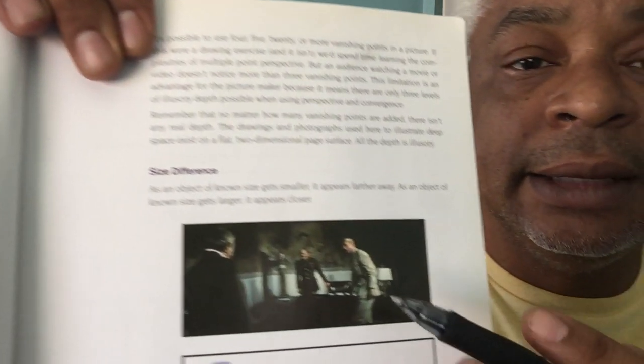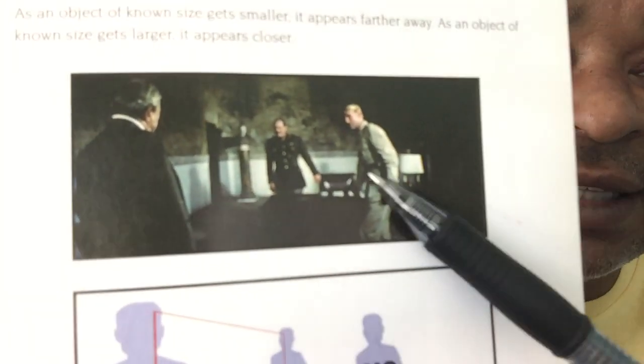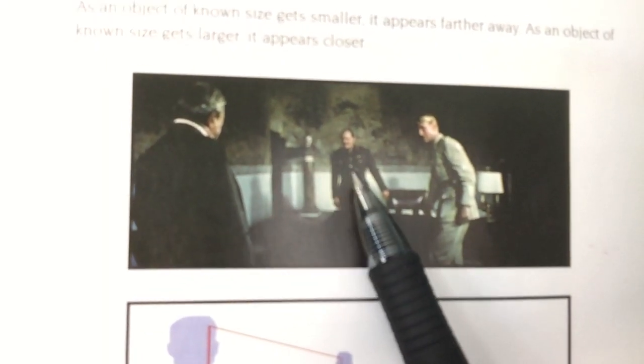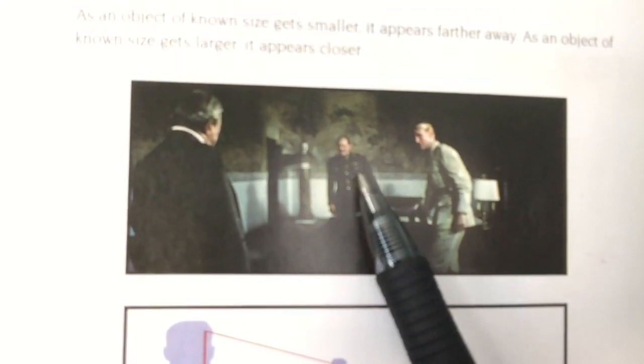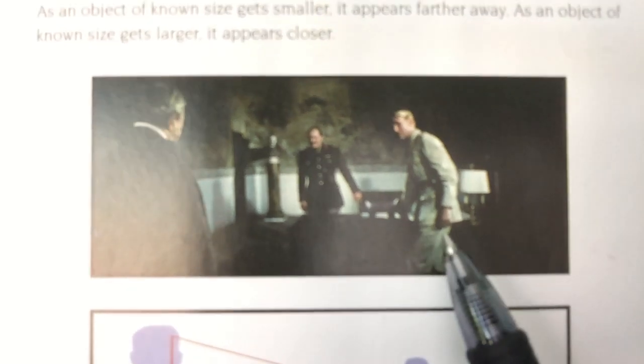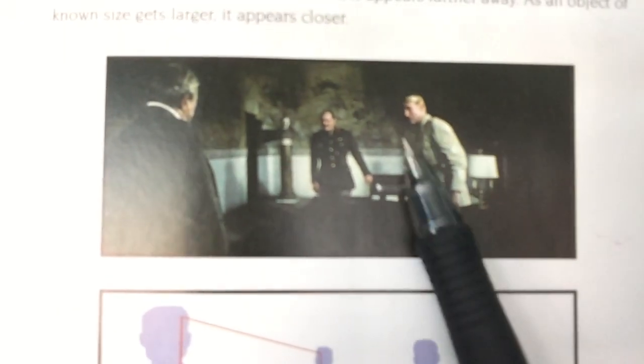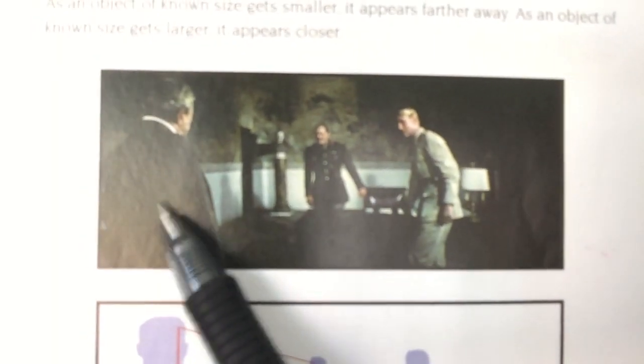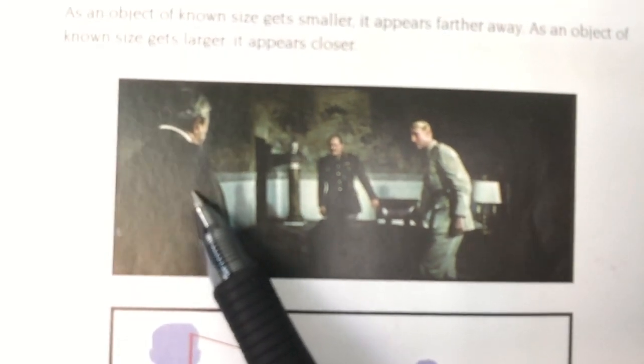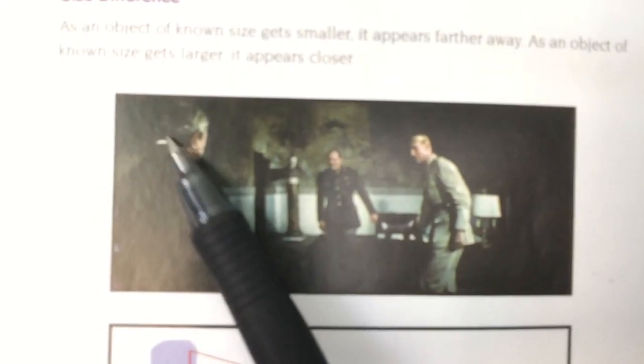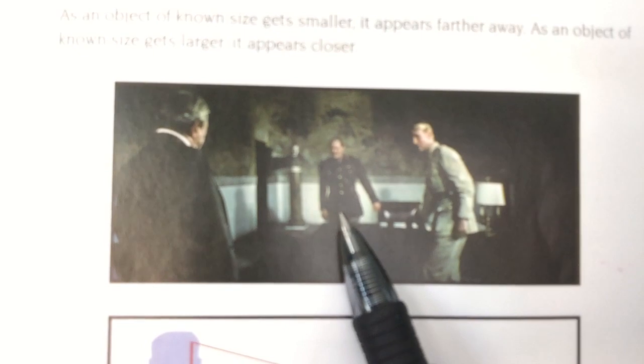The next thing I want to talk about, and the last thing I want to talk about, is size difference. Objects closer to the camera appear larger, objects that are farther away appear smaller. I'm sorry, objects of known size. So these 3 men right here, we know their sizes, yet this guy right here appears larger on the screen than this guy right here.